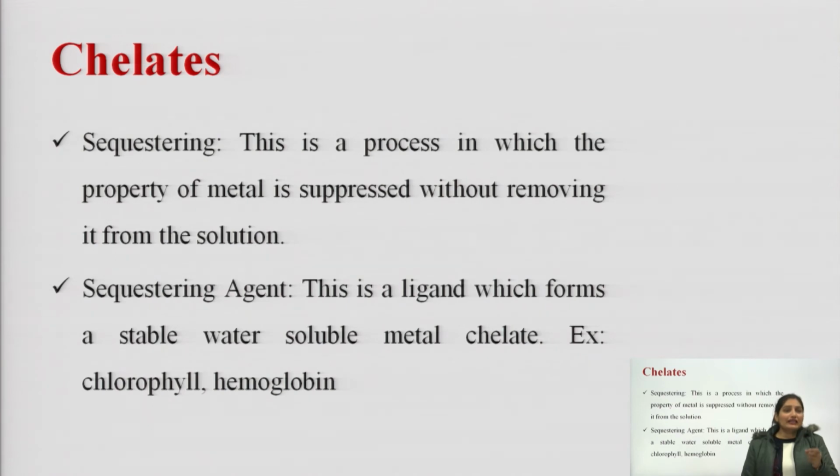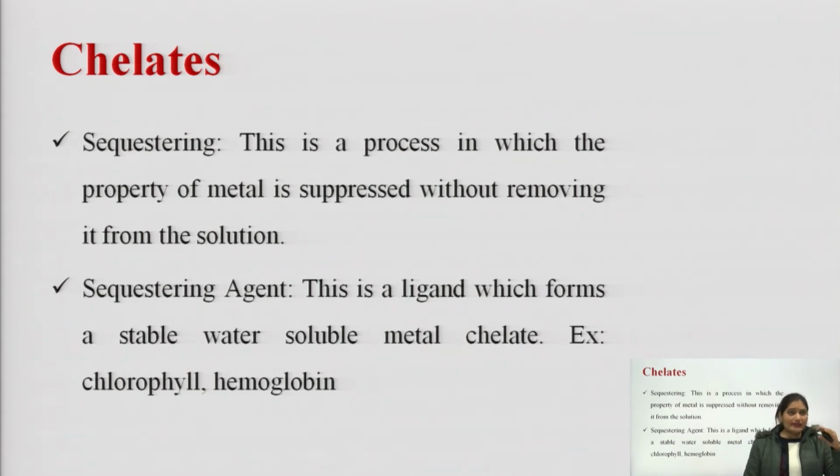Now, in the chelate there are two other terms. First is sequestering and second one is sequestering agents. What do you mean by sequestering? Sequestering is a process in which the property of metal is suppressed without removing it from the solution.